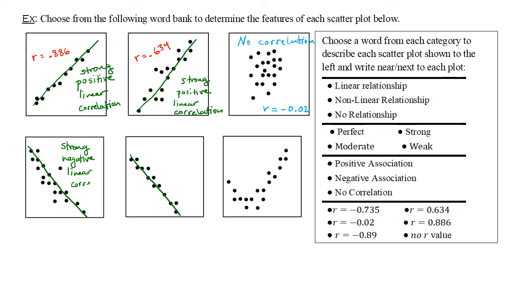And the one that appears to be stronger would be the one that fits more closely with the line. So I would say this one here appears a little bit stronger than the other one, since the data here appears to fit more closely to the line than the data over here. But in either case, they both fit pretty closely, so I'm going to assume they're both strong negative linear correlations.